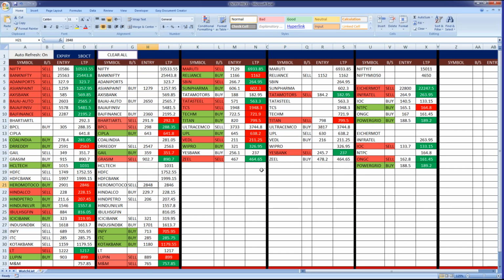And Z, you can see that Z has already made a low, and the trade is still continuing. You can look for a target of 459. The media pack is down by 1.25%.